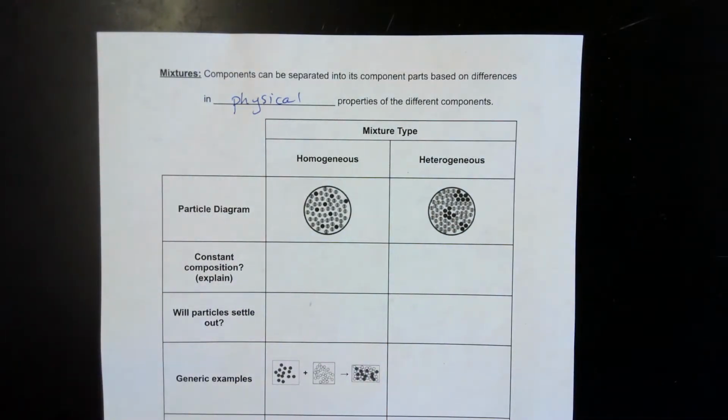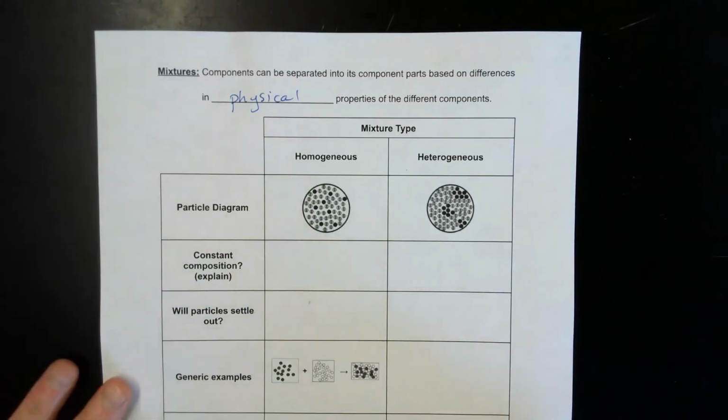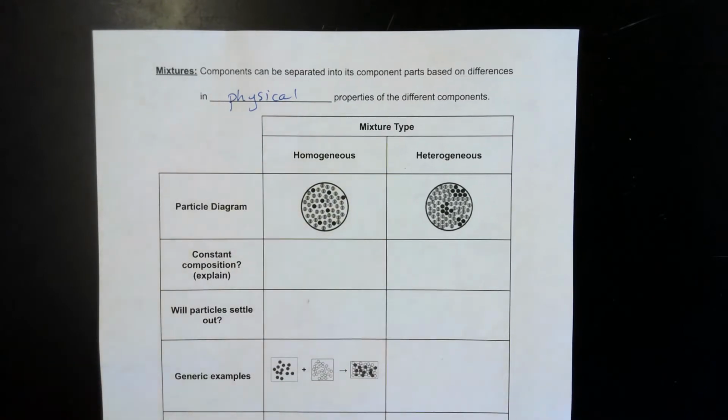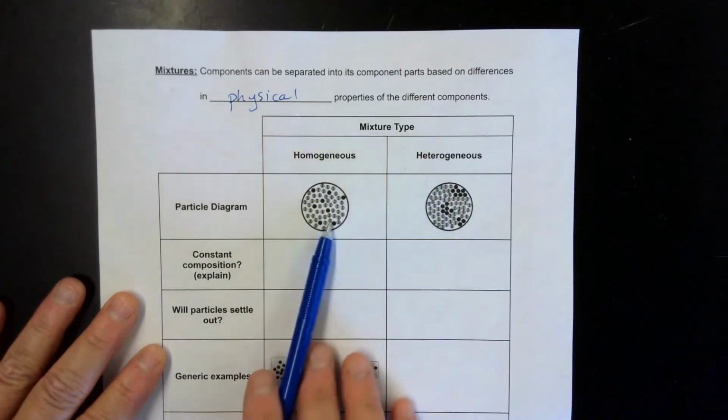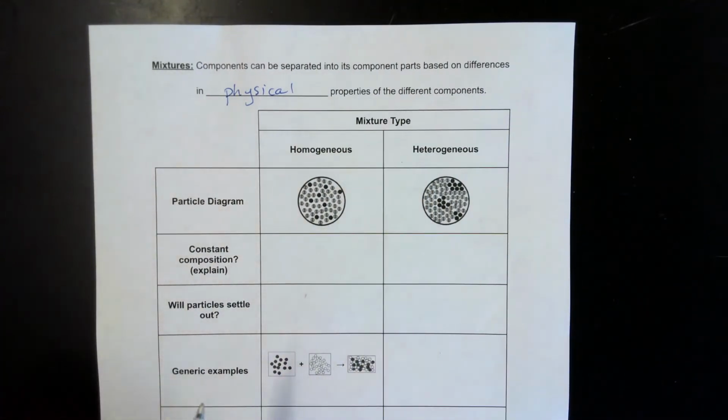We'll be getting to what physical properties we can use to separate them a little bit later, in the next lesson. This lesson, we're still trying to focus on the mixture types and how to represent mixtures in particle diagrams.